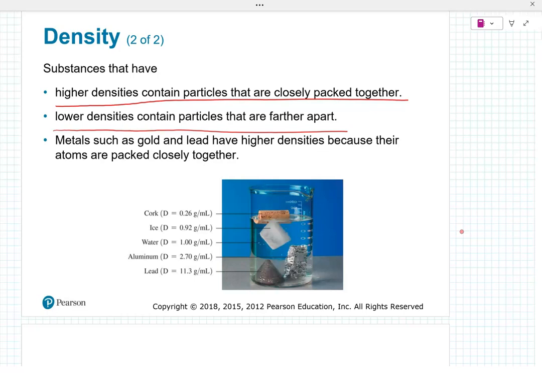Okay? Gas, like oxygen, air. Well, air is not a gas, it's a mixture, but it has a density. And it's super low because molecules are far apart. Liquids, molecules are tighter. Okay? For instance, the density of gasoline is lower than the density of water because the molecules are farther apart in gasoline compared to water.